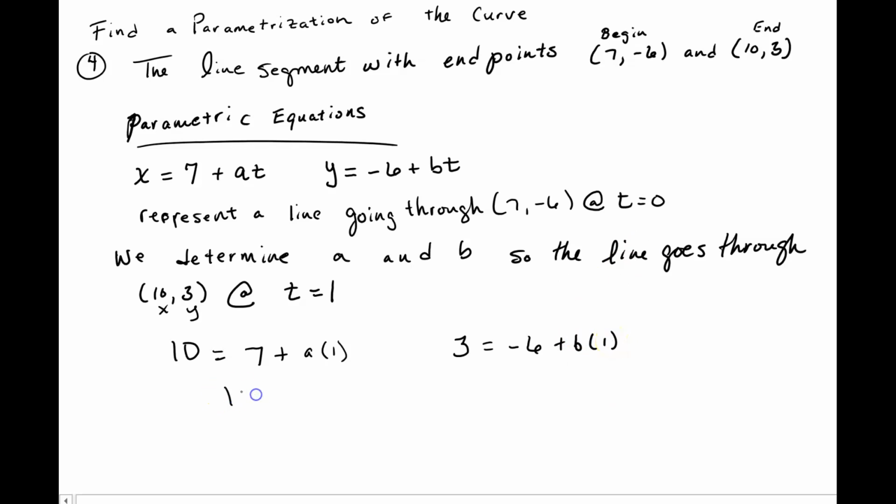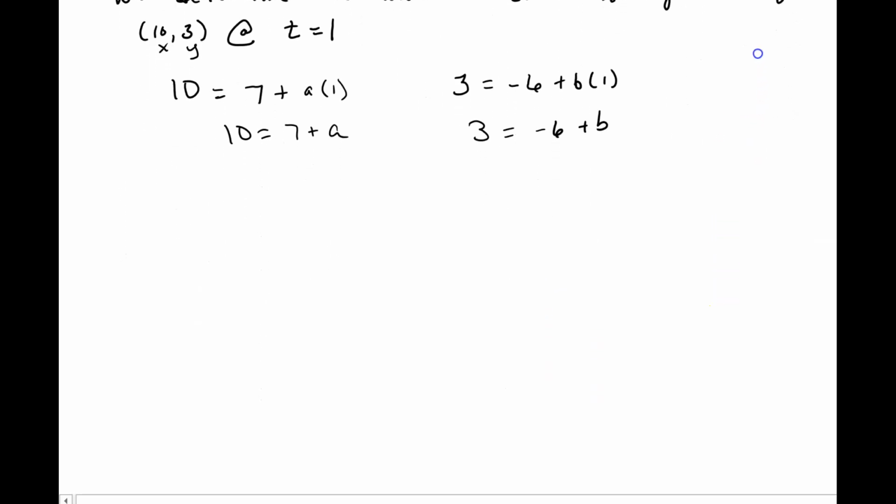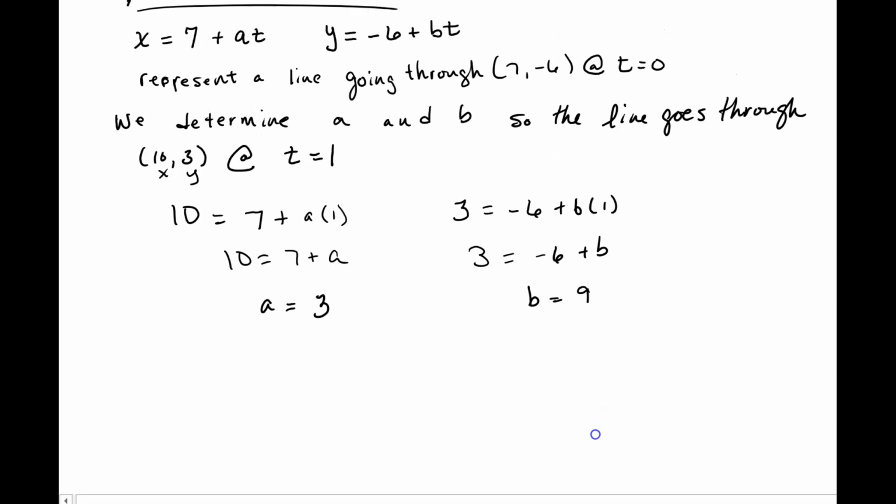So 10 equals 7 plus a, and 3 equals -6 plus b. It's easy to figure out what a and b are. In this case, a will equal 3, and b will equal 9.